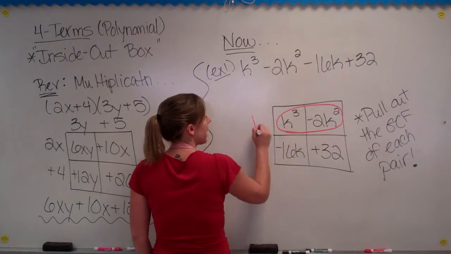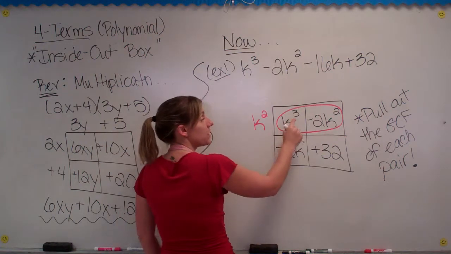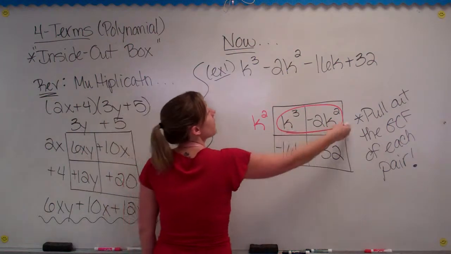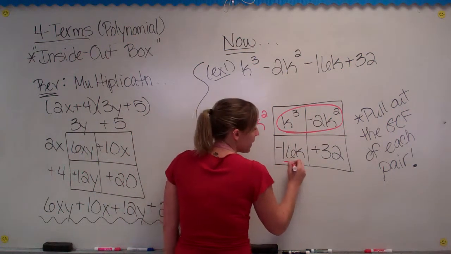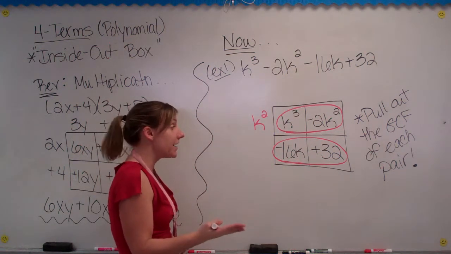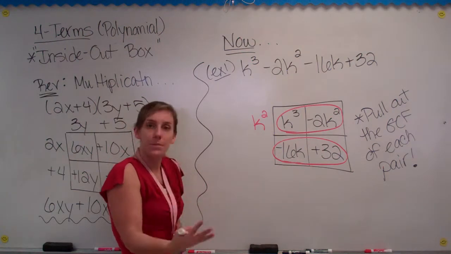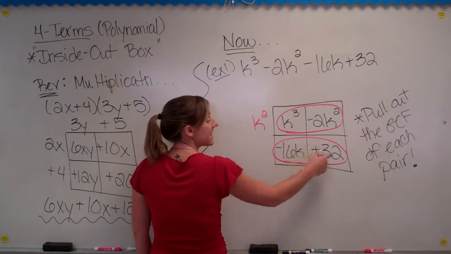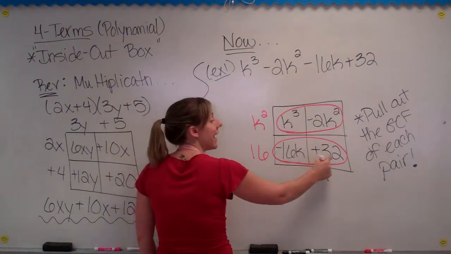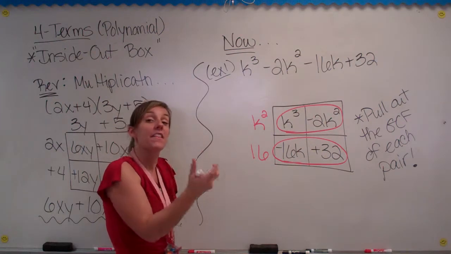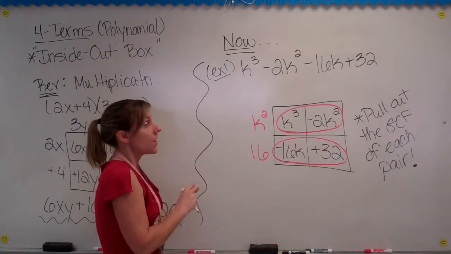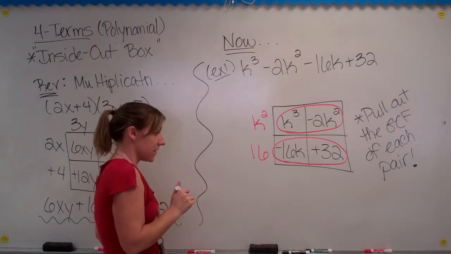Well, they both have k's, and they have 2 of them. So you can divide a k squared out of this and a k squared out of that. So that's the GCF of that pair, okay? Then here, what's the GCF of this pair? Okay, it could be 8, it could be 4, but it's actually bigger than that. It's actually 16. So you make it 16 because 16 divides by 16 and 32 divides by 16. That's the GCF of it, okay?